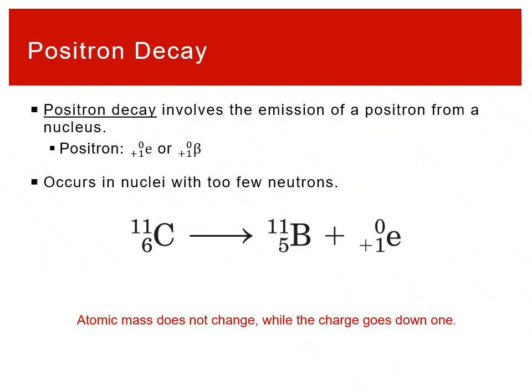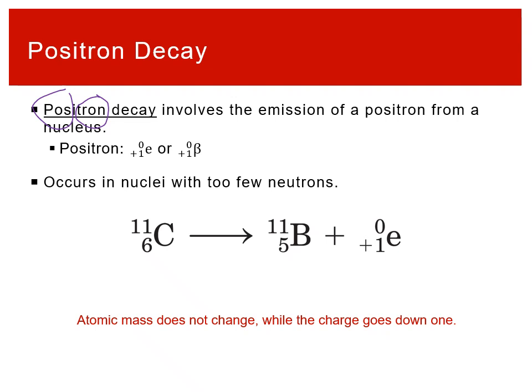All right, so positron decay involves the emission of what is called a positron from a nucleus. Okay, so a positron is a special kind of particle. If you think about the name, posit and tron. Tron is just like electron, neutron, proton, it's just a particle. And this is posit, like positive.